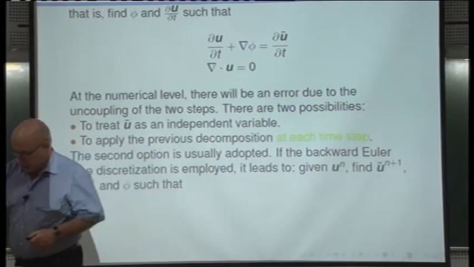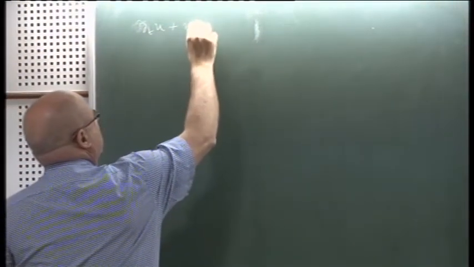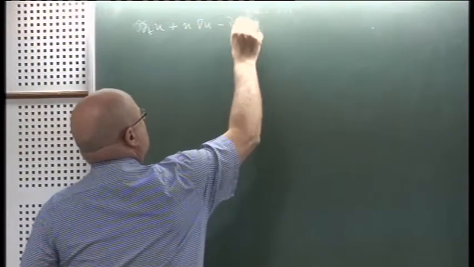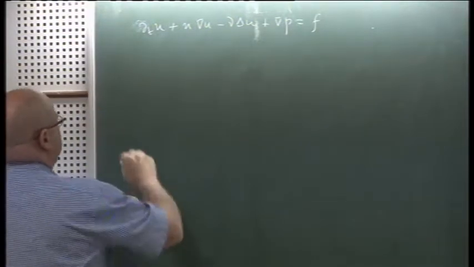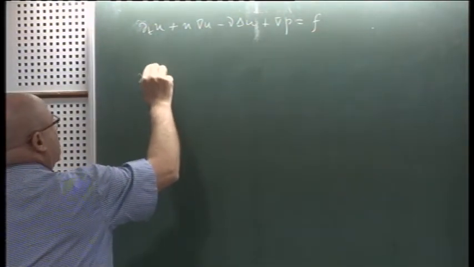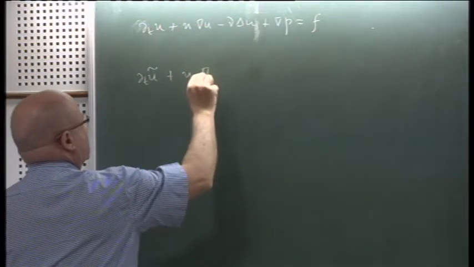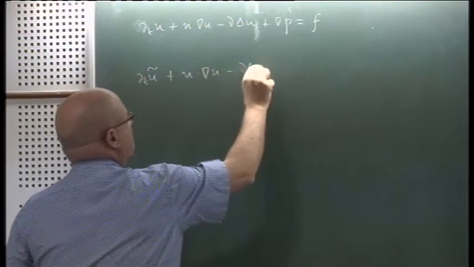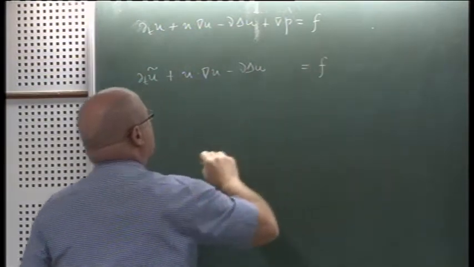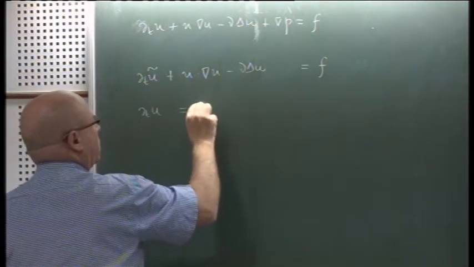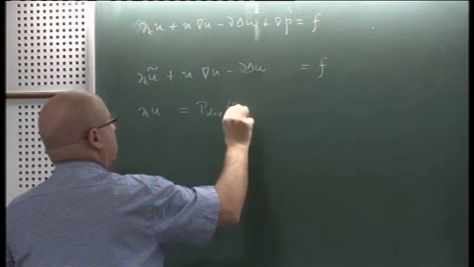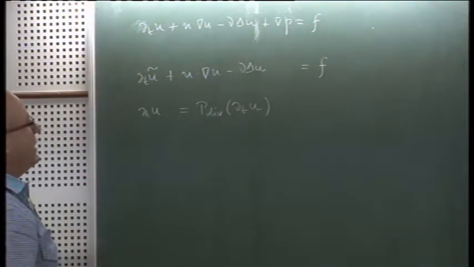So remember, we have the equations: the temporal derivative of u plus u dot gradient of u minus nu Laplacian of u plus gradient of p equals f. Then we compute the temporal derivative of u tilde plus u dot gradient of u minus nu Laplacian of u equals f, and then u equals the projection onto the divergence-free space of u tilde.